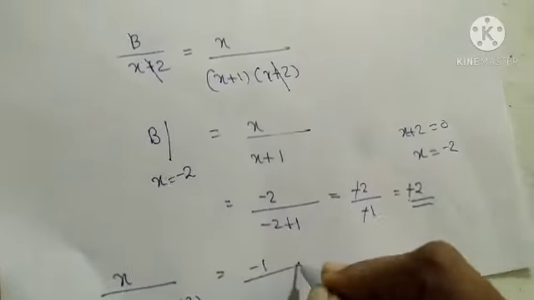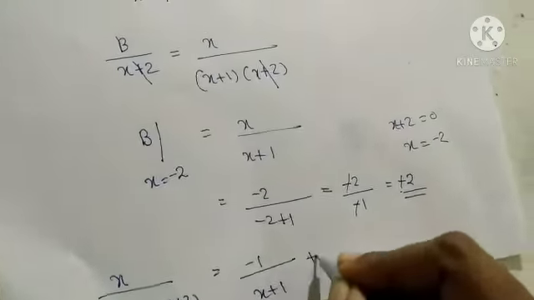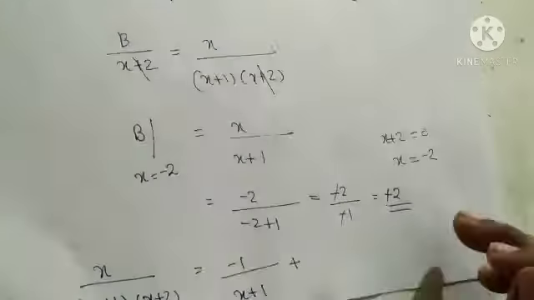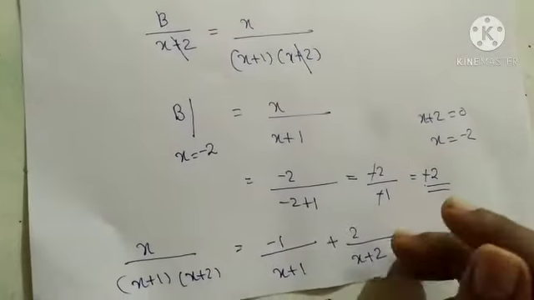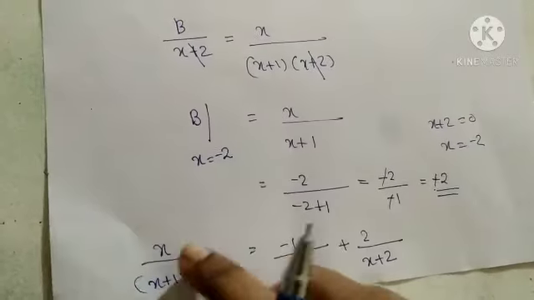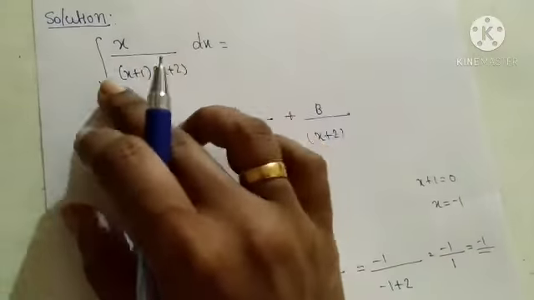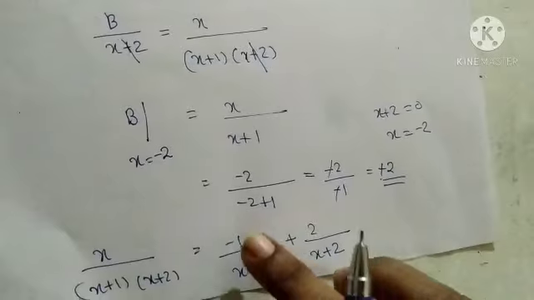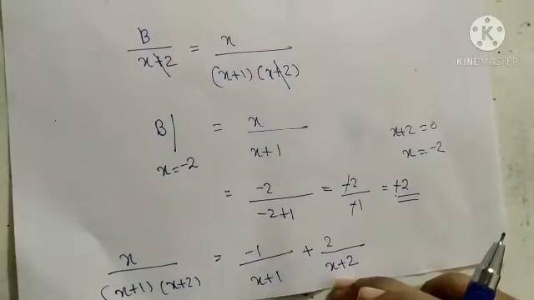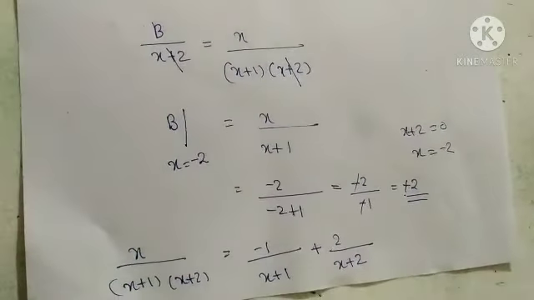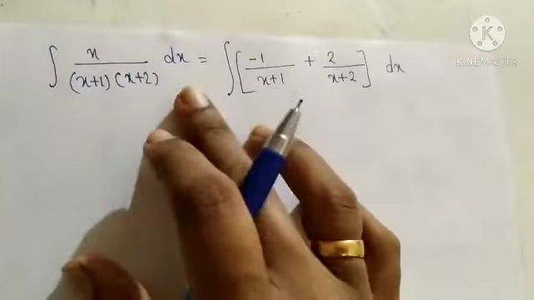So minus 1 divided by (x plus 1) plus the value of b, 2 divided by (x plus 2). Okay, next I am going to replace this whole x divided by (x plus 1) into (x plus 2) in the integral by minus 1 divided by (x plus 1) plus 2 divided by (x plus 2). Okay. So in the next step, this is our answer.